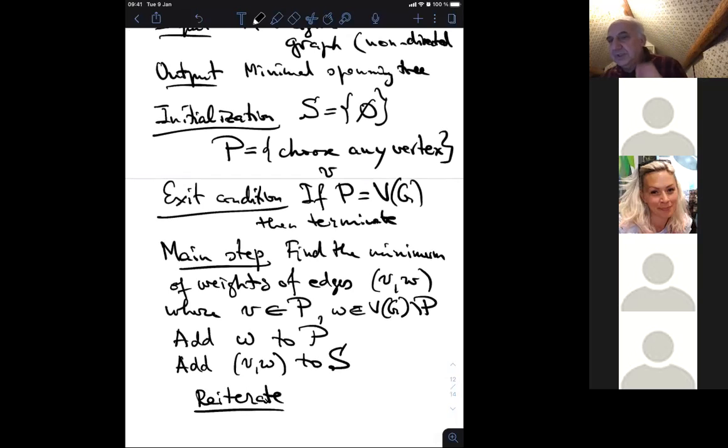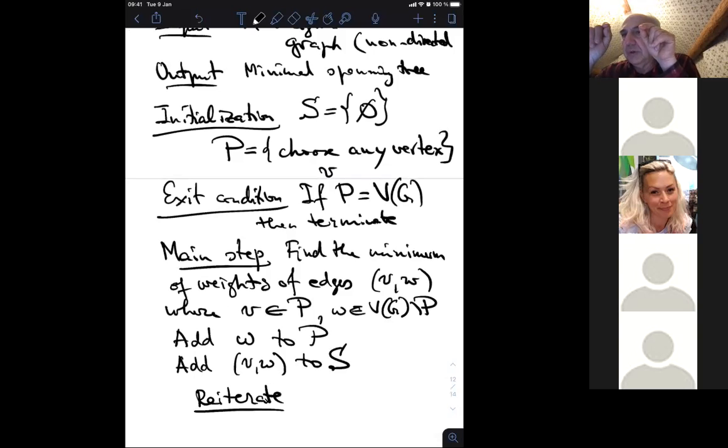Okay, so what we do is start with one single vertex, and we will be looking at all vertices which are adjacent to it and choosing the edge of the minimal weight. Once we found it, if it's non-unique, well, we choose any of those. So now we have two vertices and one edge.